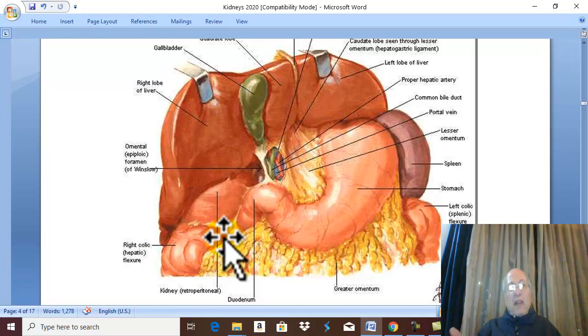This is very difficult clinically, and there is the possibility of injury to all these structures. On the left side, if you want to open anteriorly here, you will find the stomach, spleen, colon, folds of peritoneum, very difficult.